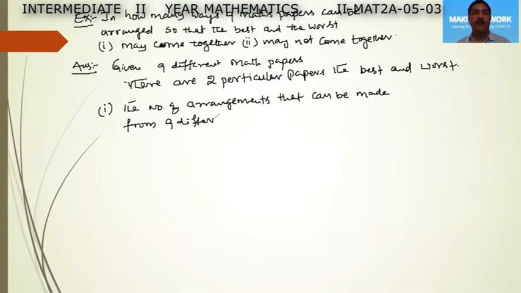Let us consider that the math papers are different things. By taking 9 different things with 2 particular things, we have to arrange all the 9 different things at a time with the condition that 2 particular things always come together.